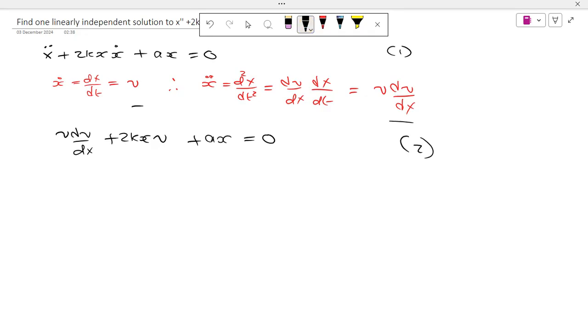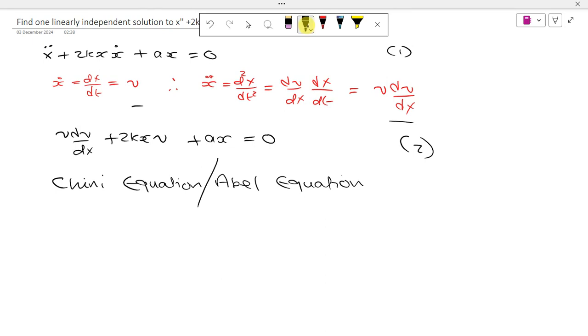Now, this is a special kind of equation called a Chini equation, but sometimes it's called an Abel equation. So it's either a Chini or an Abel equation.